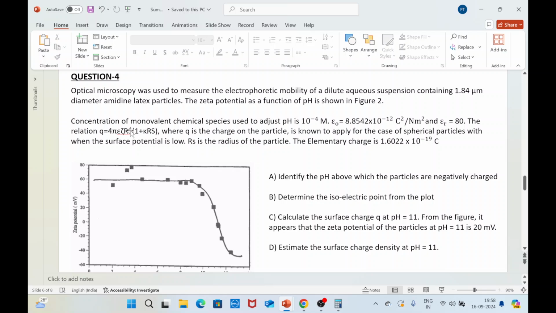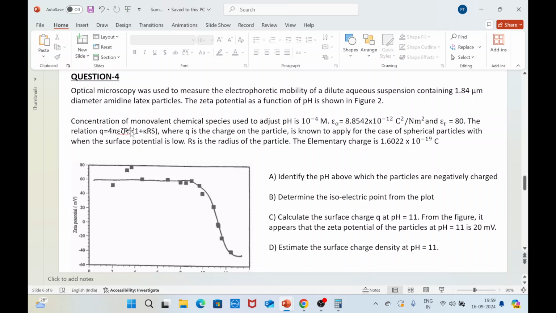Zeta potential versus pH is given. The concentration of the monovalent chemical species, that is your electrolyte solution, used to adjust the pH, is 10 power minus 4 molar.